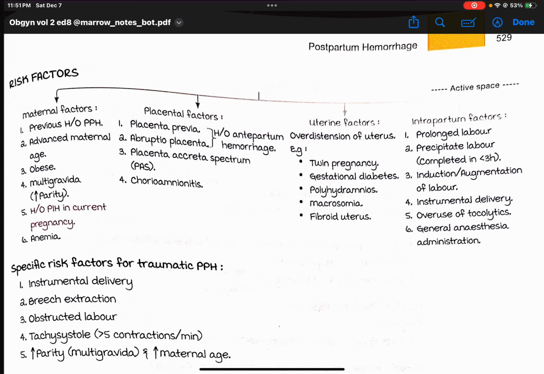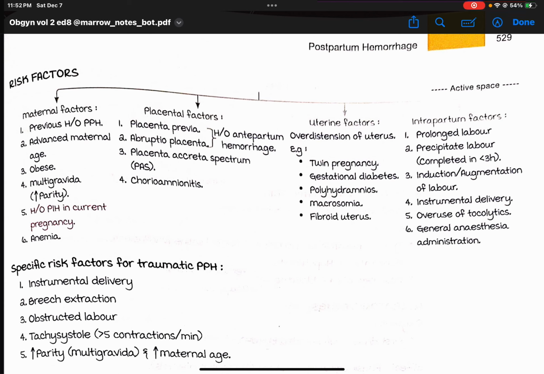Placental factors: placenta previa, abruptio placenta, history of antepartum hemorrhage, placenta accreta spectrum, chorioamnionitis. Uterine factors: overdistension of the uterus, twin pregnancy, gestational diabetes, polyhydramnios, macrosomia, fibroid uterus.